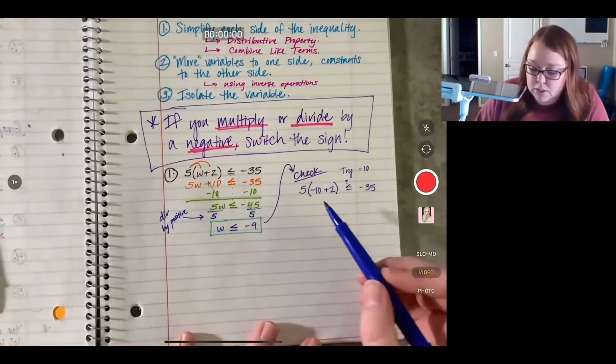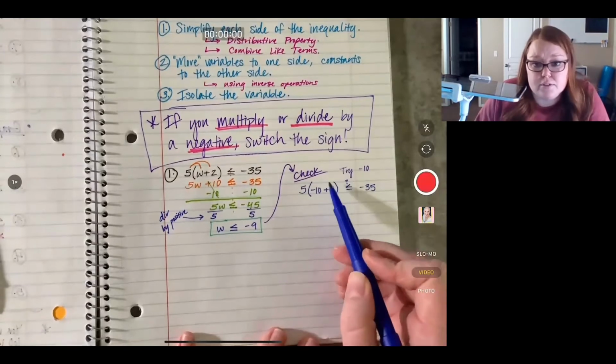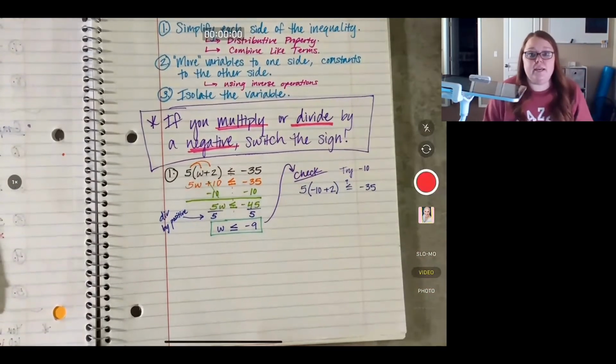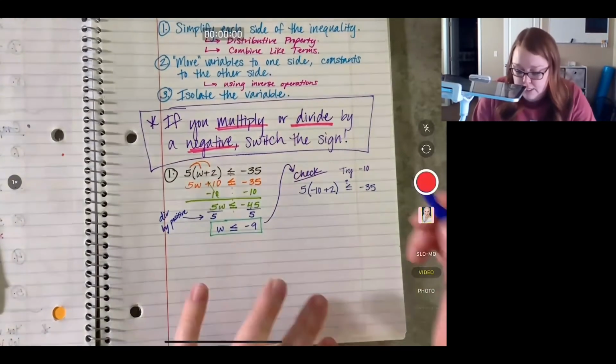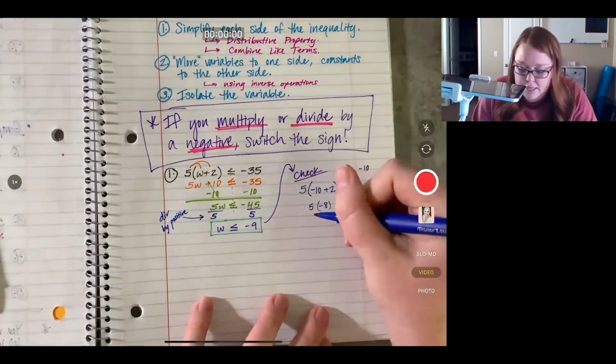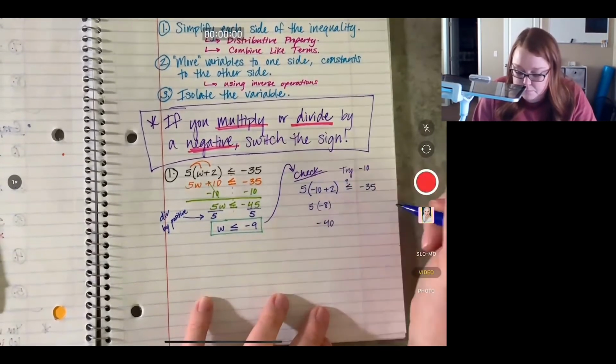Okay. So on the left side, you could distribute, but you can also actually solve what's in the parentheses. Negative 10 plus 2 is negative 8. And 5 times negative 8 is negative 40.